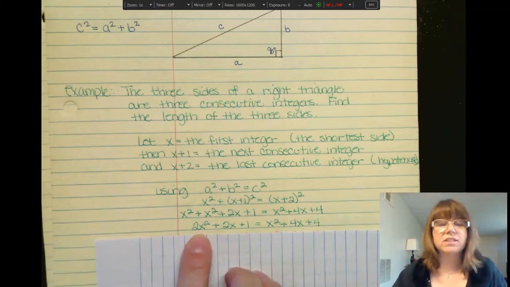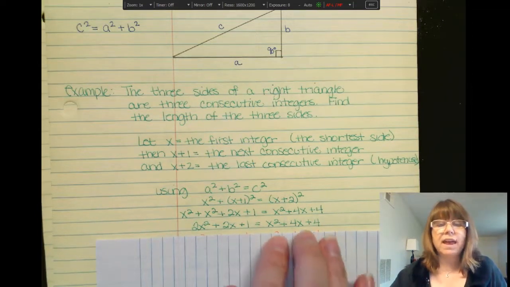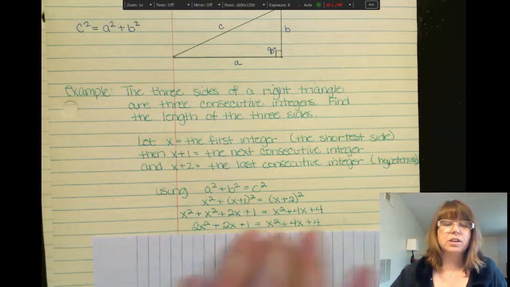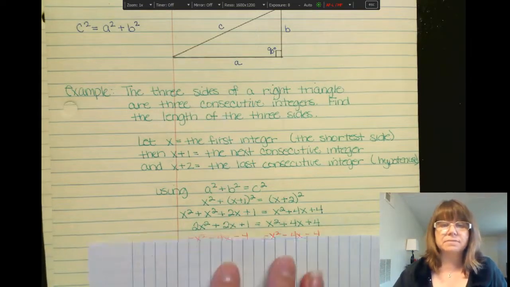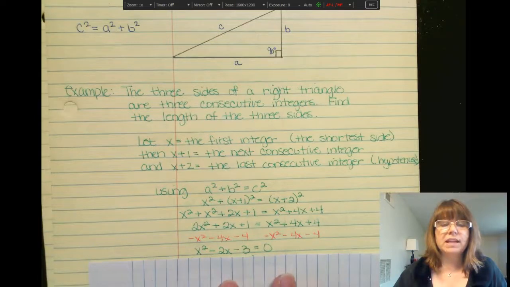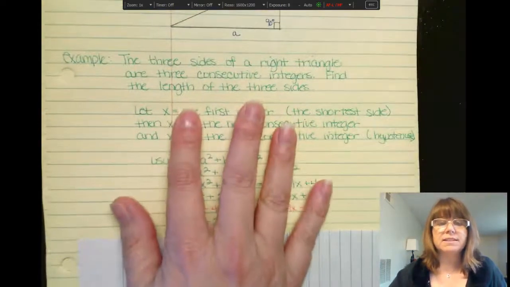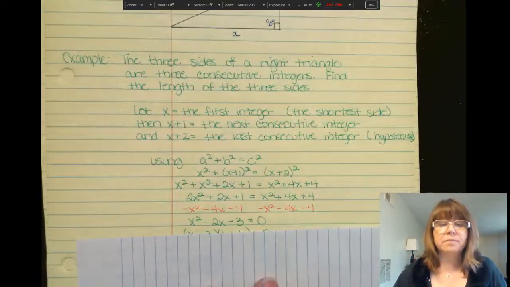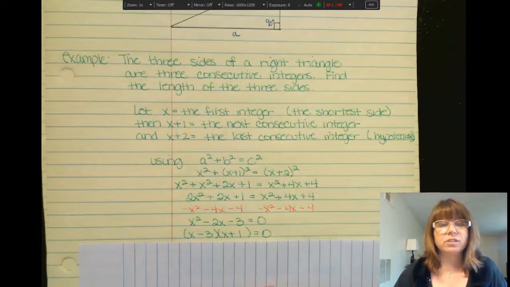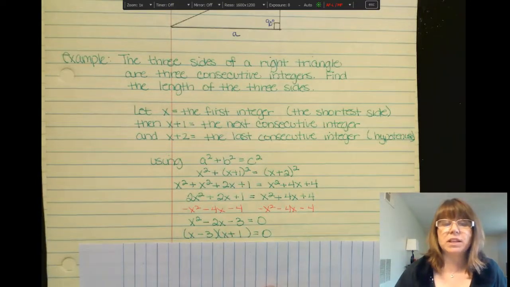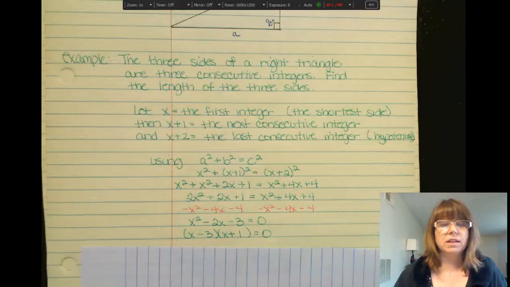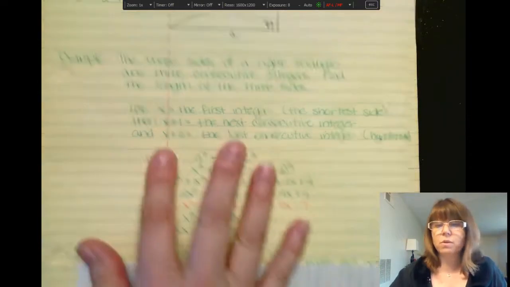I have a couple of x squareds I can combine. Then I'm going to move everything on the right-hand side to the left-hand side, leaving me with x squared minus 2x minus 3. Let's factor, giving me x minus 3 and x plus 1.